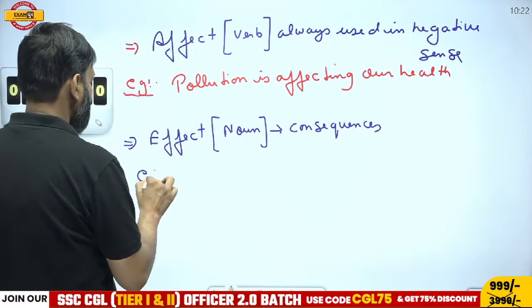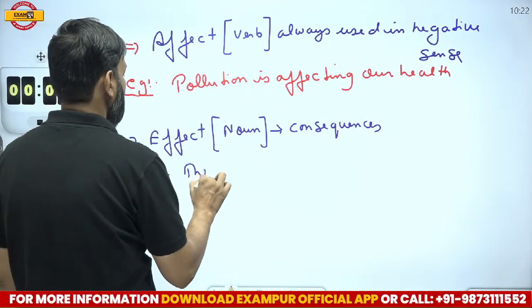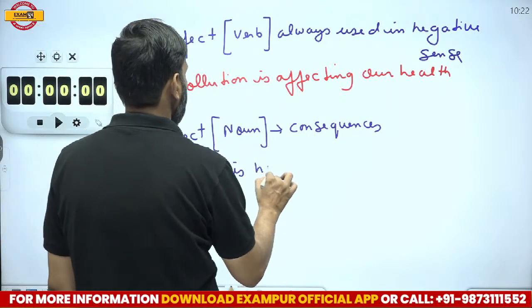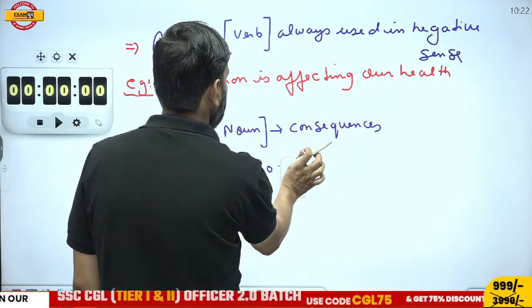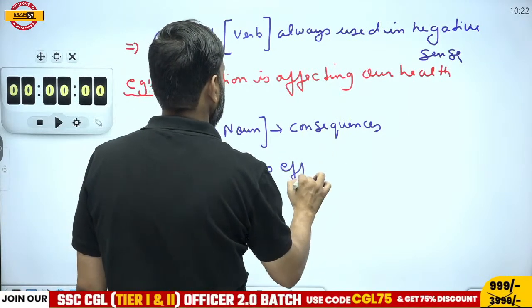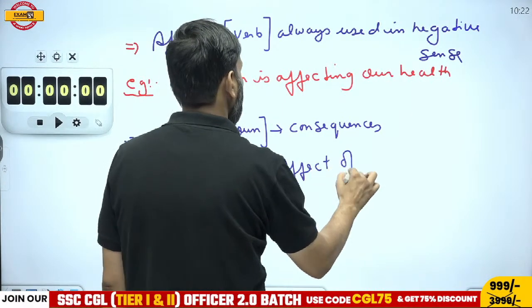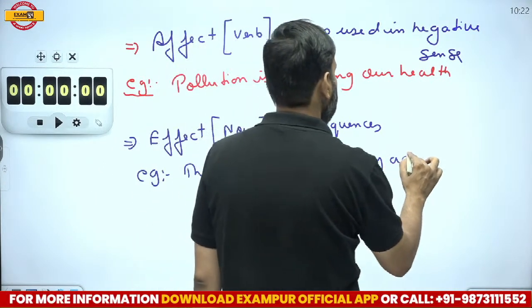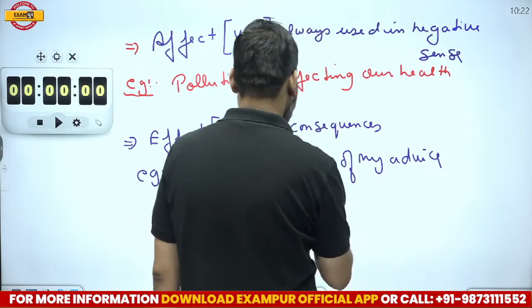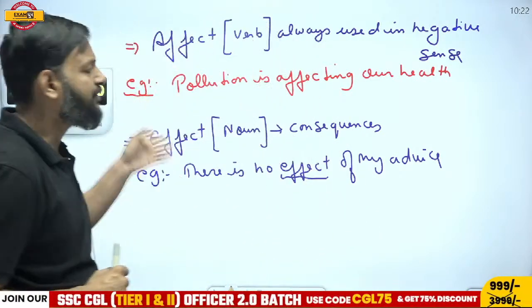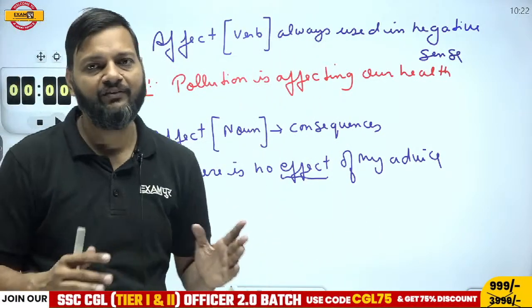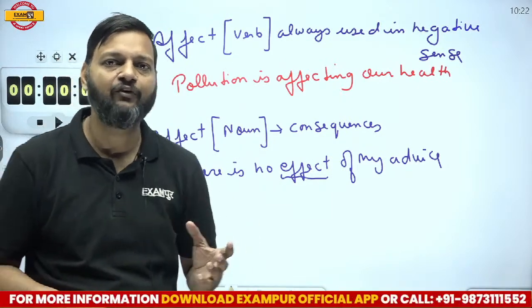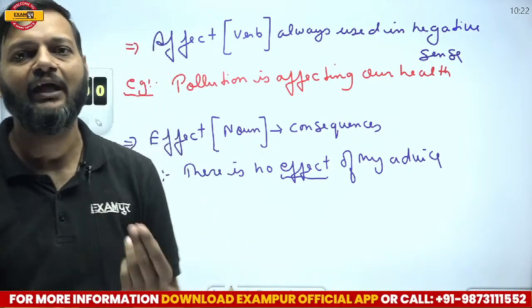Okay, for example, there is no effect of my advice. So effect is a noun. This is something that we all know: that affect is a verb which has a negative meaning and effect is a noun.